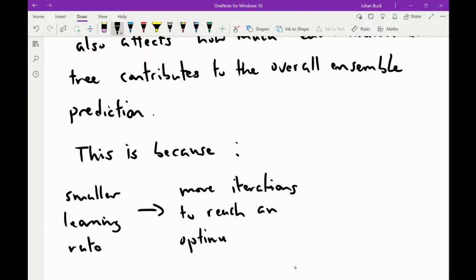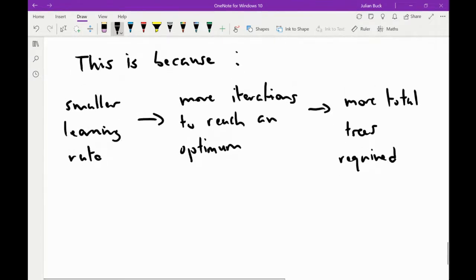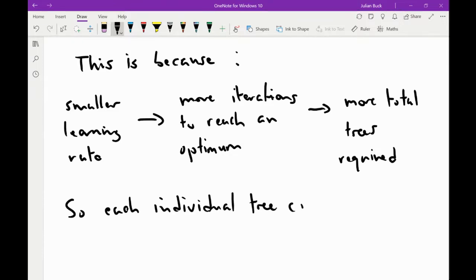So remember, what we're trying to do is minimize the loss function. We're trying to reach a global minimum for the loss function. And that means we're going to have more total trees, right? Every iteration is going to create a new tree. So more total trees required. Okay. And so then when we aggregate, each individual tree in the aggregate contributes a bit less.